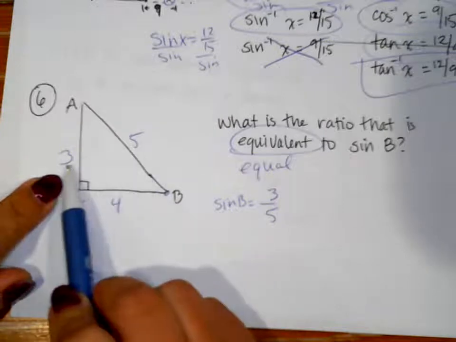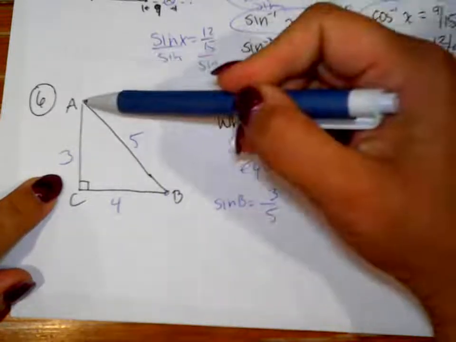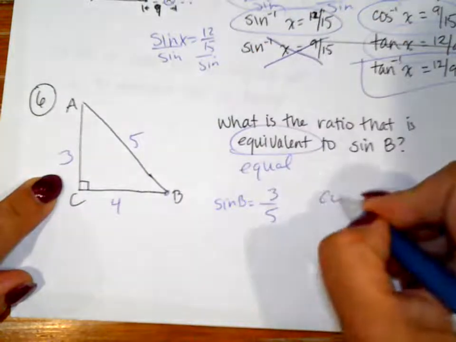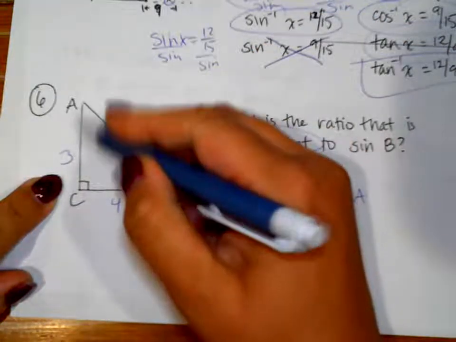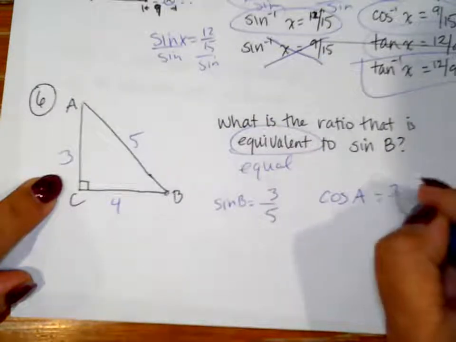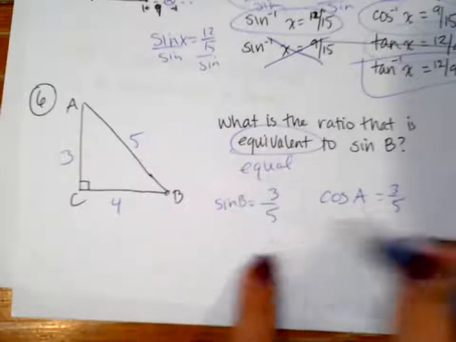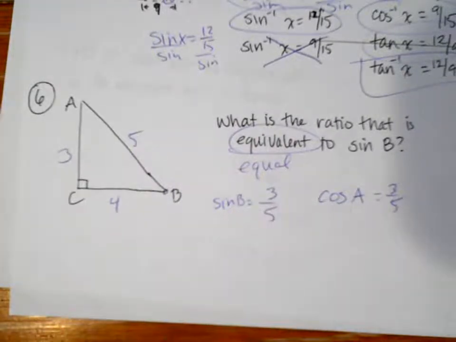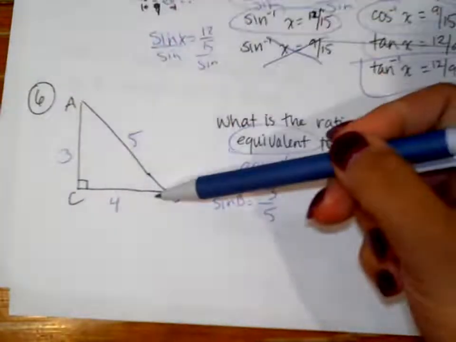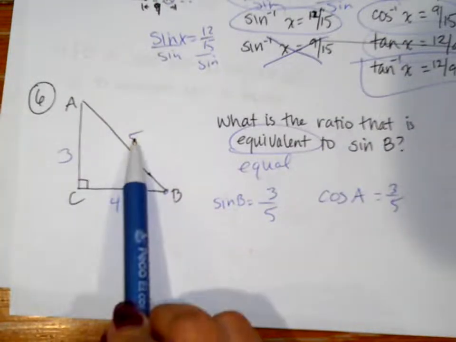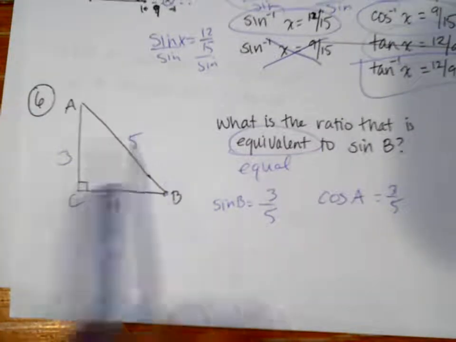If I'm standing here, the other thing that equals 3 over 5 is the cosine of A. So when I ask what is the ratio that is equivalent to sine B, it's the cosine of A. I know we went over that a lot last week when we did the trig ratio exam. Remember, the sine of one angle is the cosine of the other angle, and vice versa. Sine of A is 4 over 5. Cosine of B is 4 over 5.